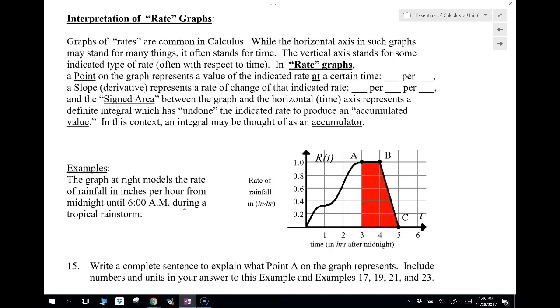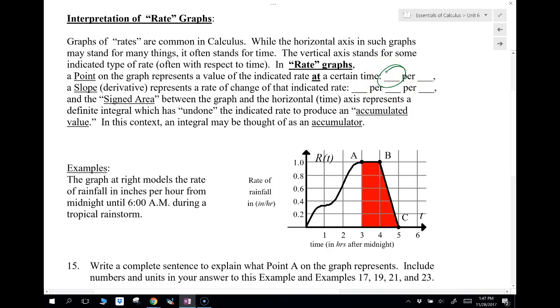Or displacement if we're looking at the integral. So an integral kind of undoes the rate. It's like the undone rate. So let's think of it as if you take the area under the rate curve, we're accumulating. It's an accumulation of whatever we were talking about that was up here in the numerator of this rate.